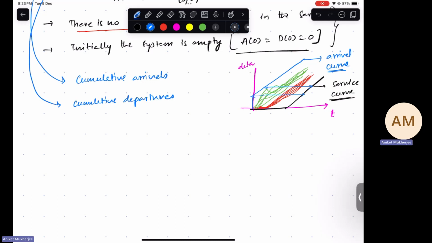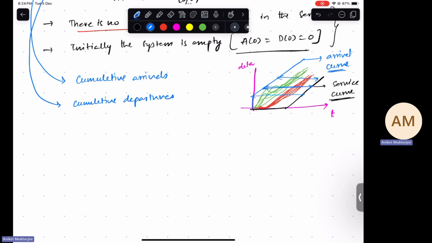It is bounded above by an arrival curve and bounded below by a service curve. To calculate the delay at each point, you just need to calculate the horizontal distance. We'll come into that, but this is basically the whole crux of deterministic network calculus.